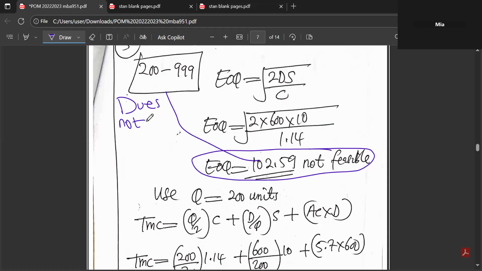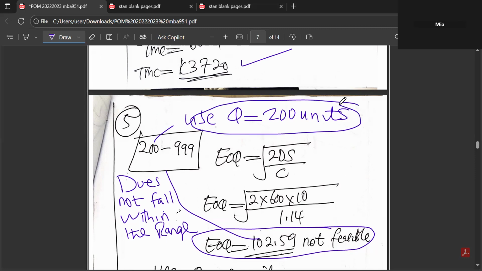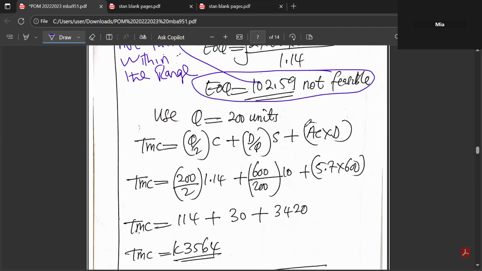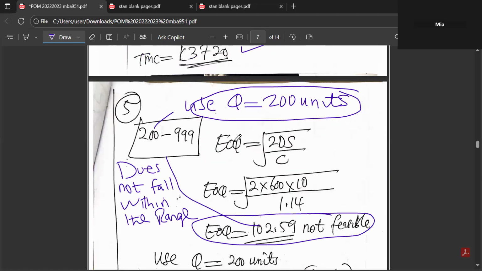So what do we do? We use the lower bound, the Q of 200 units, where the feasibility would have started from. After using the 200 units, substituting in the total material cost, it is 200 over 2 times 1.14, the holding cost from the table.